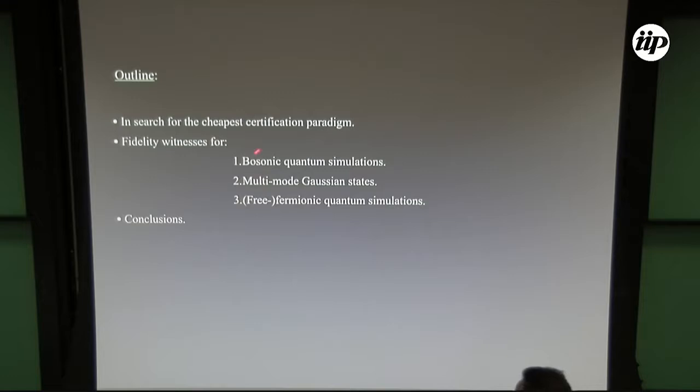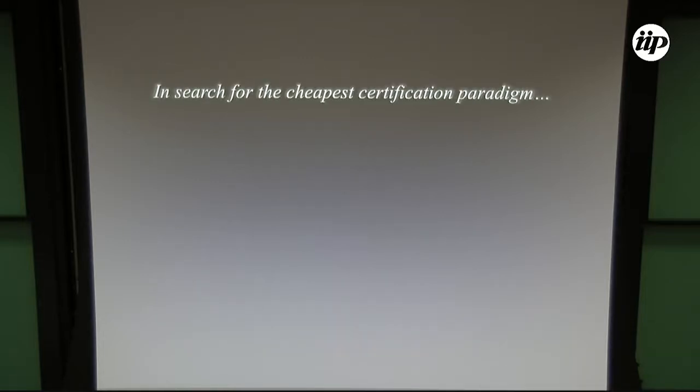I'm going to try to give a flavor for bosonic fidelity witnesses for bosonic quantum simulations. In particular, I'm going to focus a little bit on Gaussian states, and then I will move to the certification of a class of fermionic quantum simulators, which is simply free fermions, very well known in condensed matter, right? So, in search of the cheapest certification paradigm.